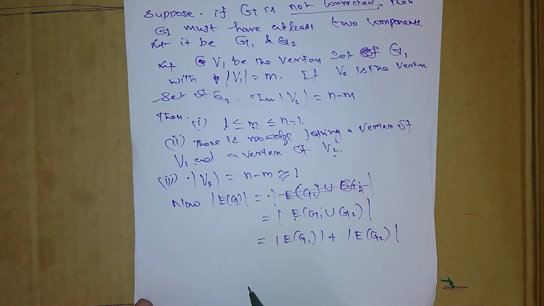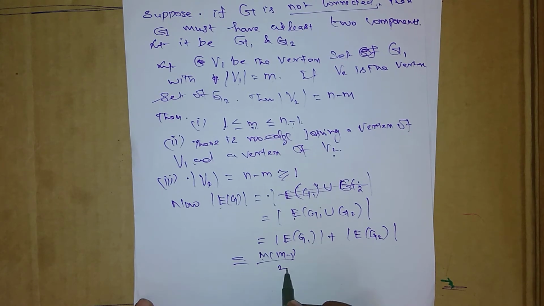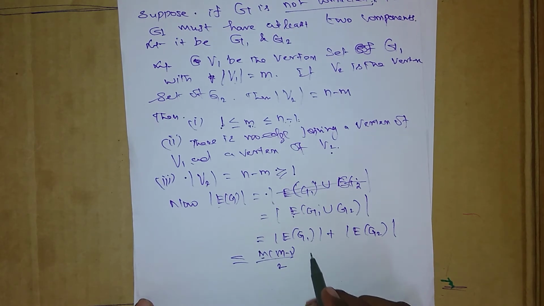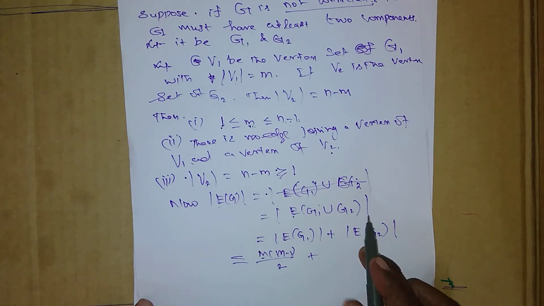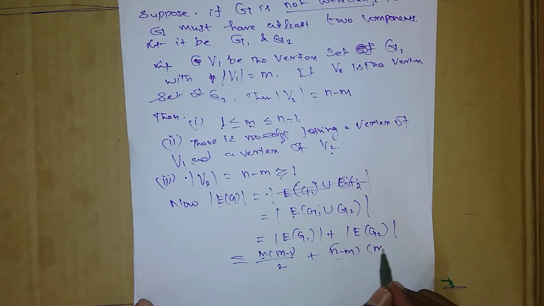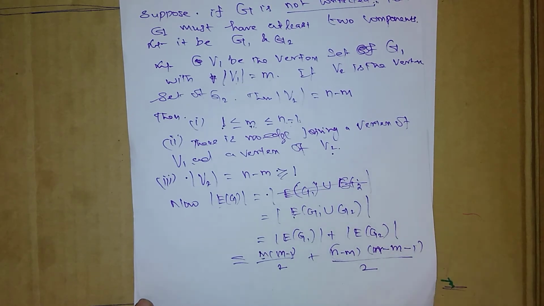We can split into two, which is less than or equal to the number of edges in G1, which we know by the previous theorem is m(m minus 1)/2, because in G1 there are m vertices. In G2 we have n minus m vertices, therefore (n minus m)(n minus m minus 1)/2 edges.